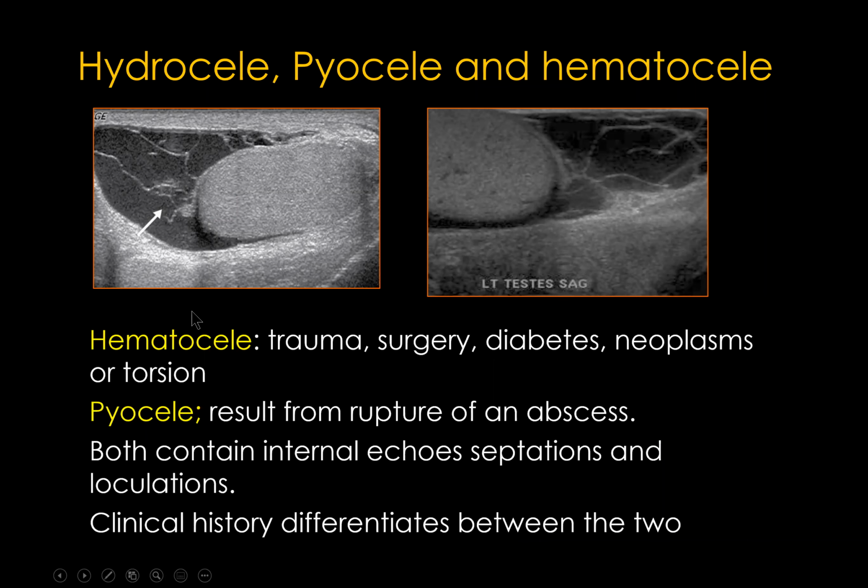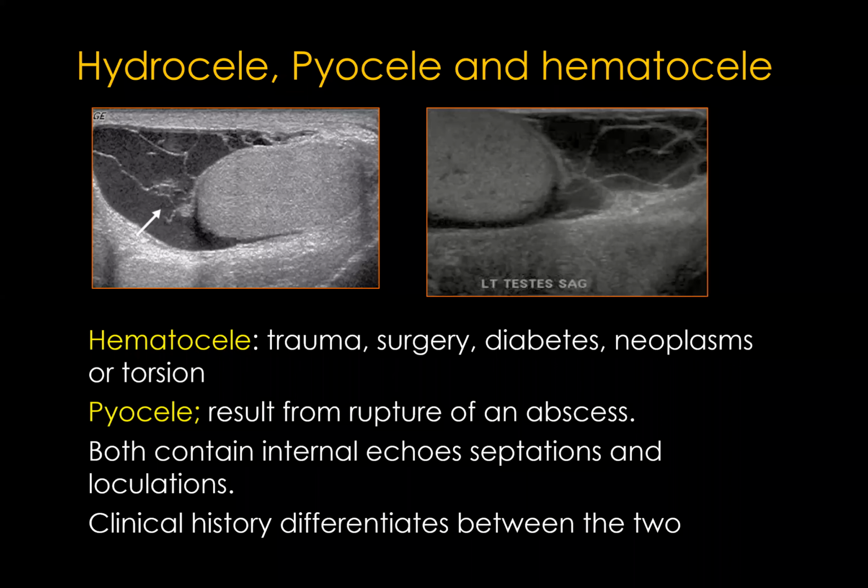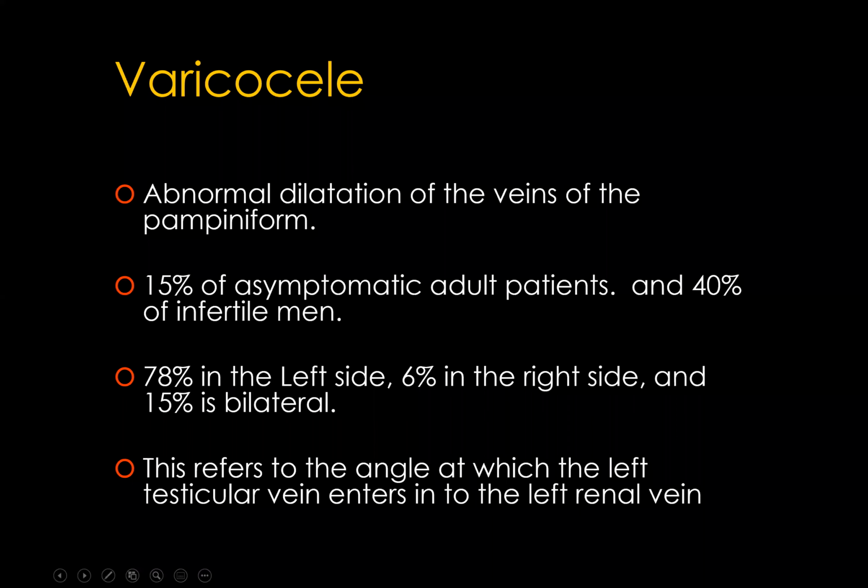The varicocele. Varicocele is an abnormal dilatation of the veins of the pampiniform plexus located within the spermatic cord.